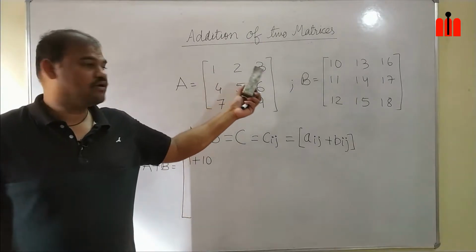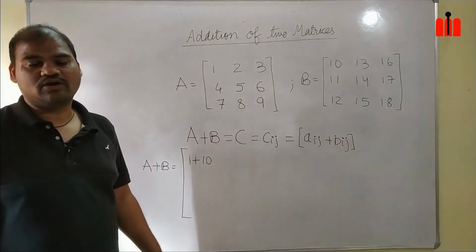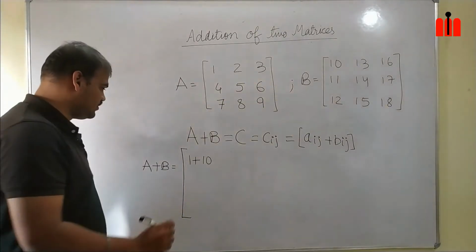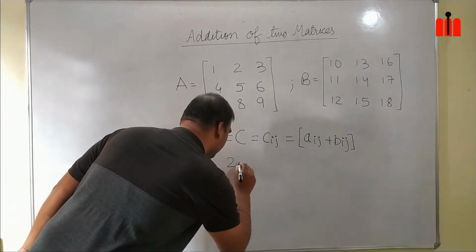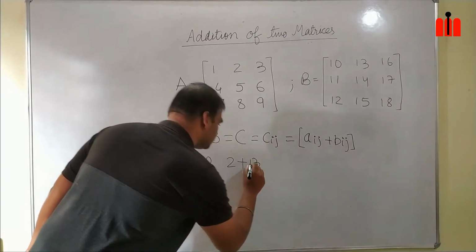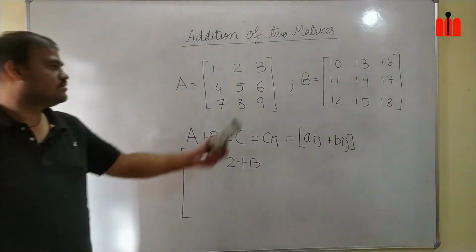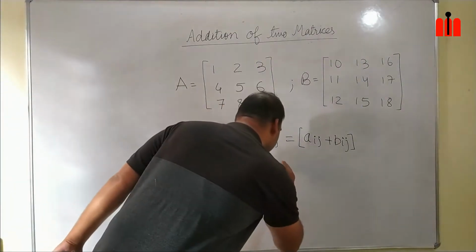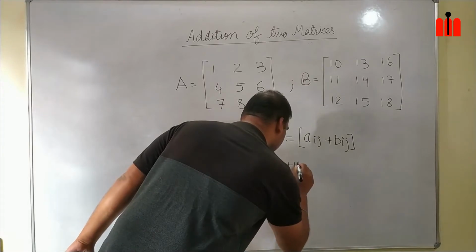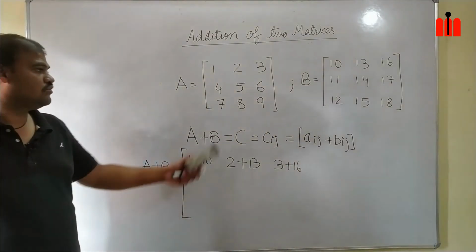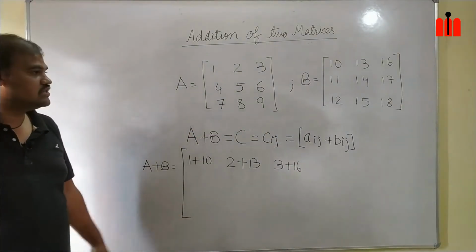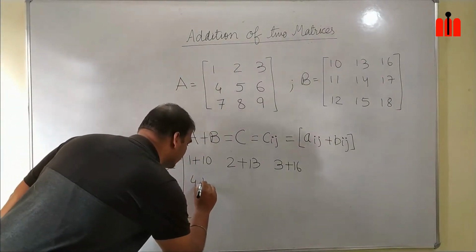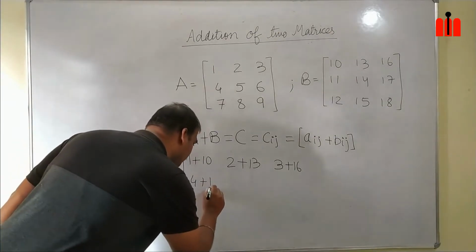Second column, first row, 2 plus 13. Third element will be 3 plus 16. Now C23 will be 4 plus 11.